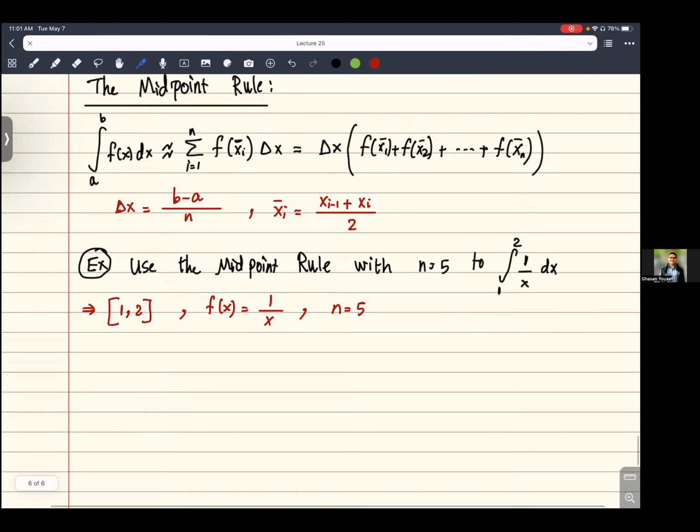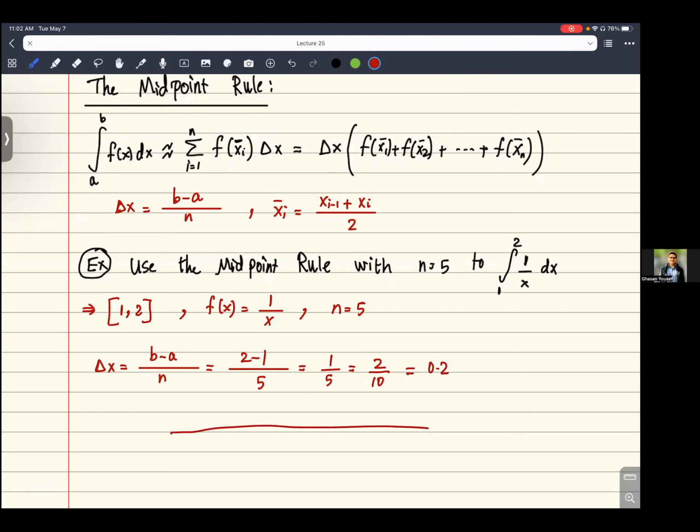Now we're going to use this formula to find the integral from 1 to 2 by using the midpoint. Same steps as before, nothing different. First of all, we find delta x. What is delta x? It's b minus a over n. 2 minus 1 over 5 is 1 over 5, the same as 2 over 10, the same as 0.2.